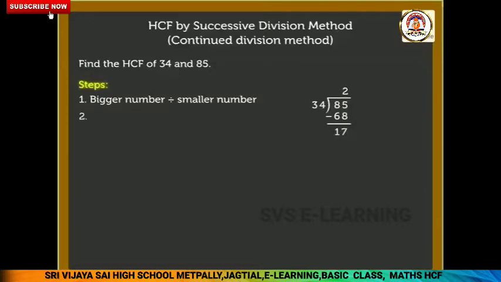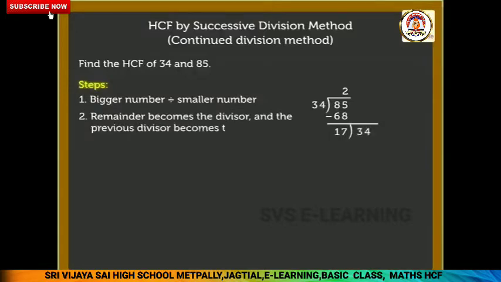Step 2. The remainder becomes the divisor and the previous divisor becomes the dividend. Thus, here 17 becomes the divisor and the previous divisor, that is 34, becomes the dividend.